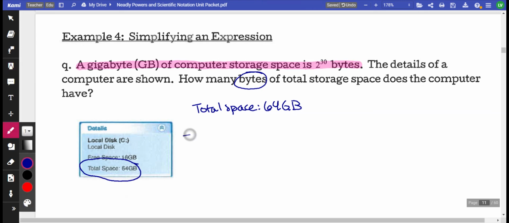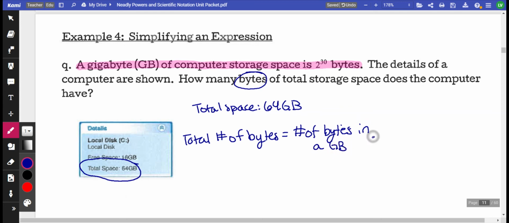So we want to find the total number of bytes, knowing that the number of bytes in a gigabyte is getting multiplied by the number of gigabytes.